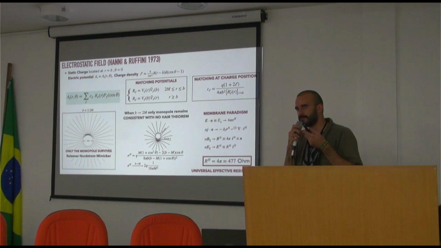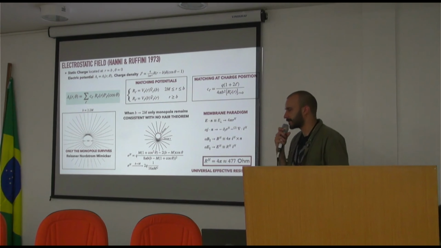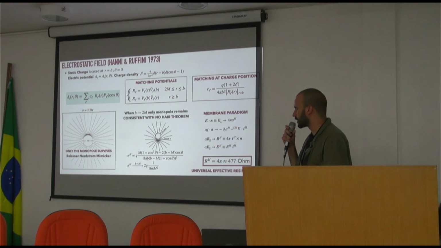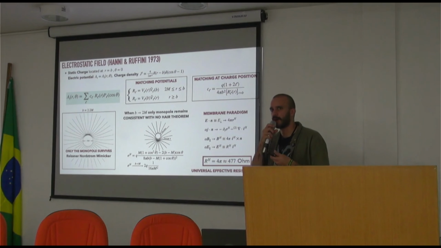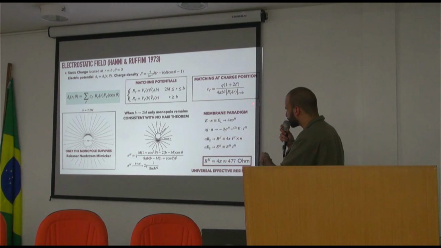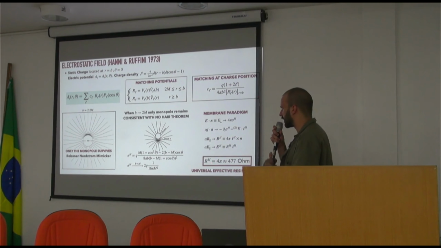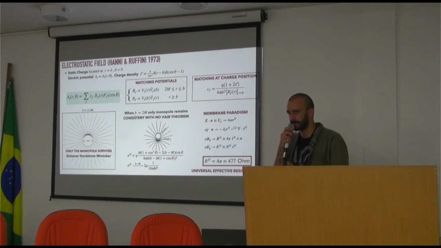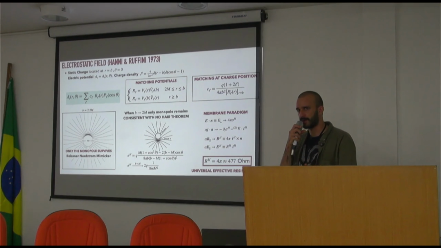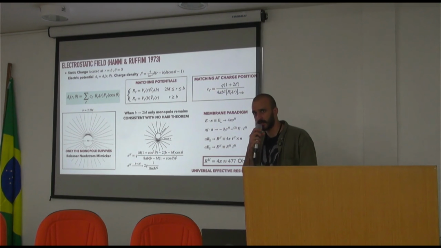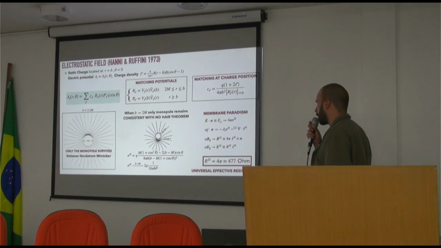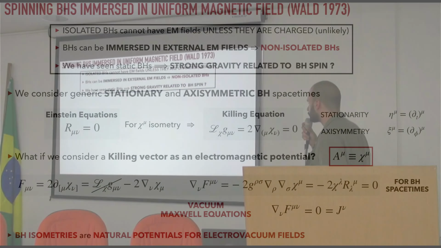But actually, this picture makes things extremely more complicated in terms of causality. So now the point is that we don't speak about the energy extraction mechanism anymore in terms of the membrane paradigm, but in terms of the generalized Penrose processes that I told you about yesterday.